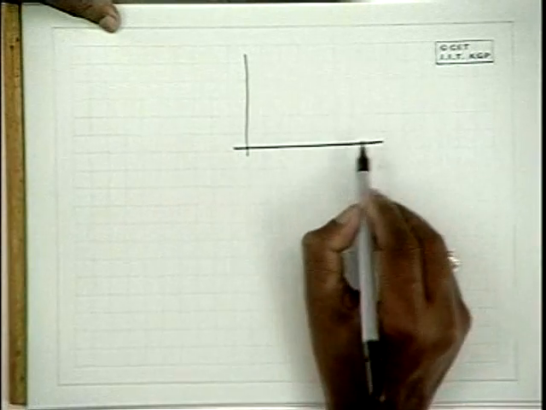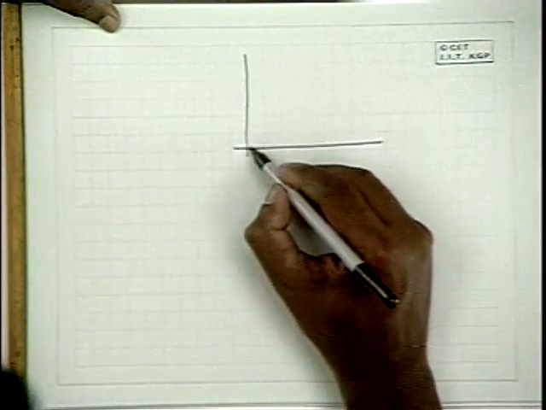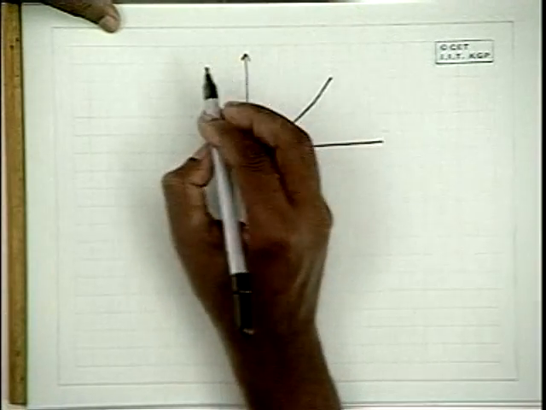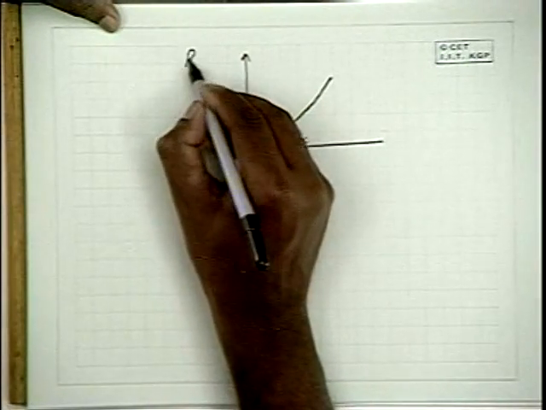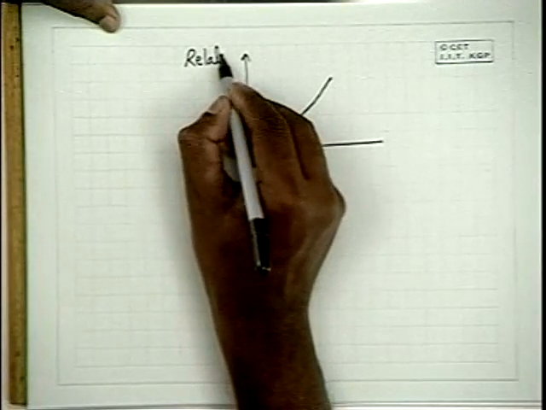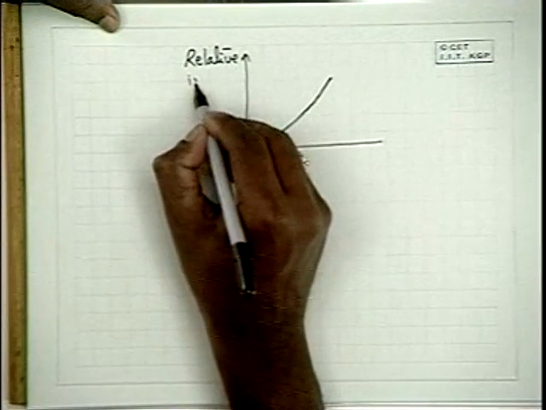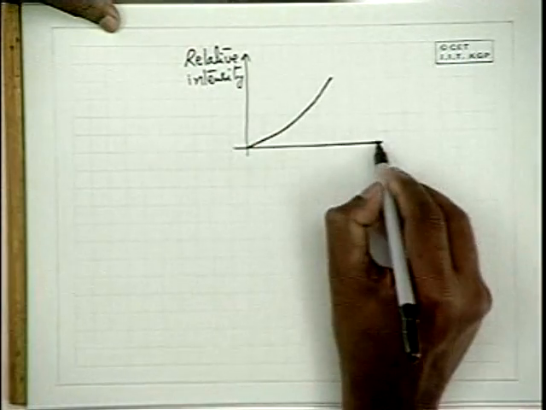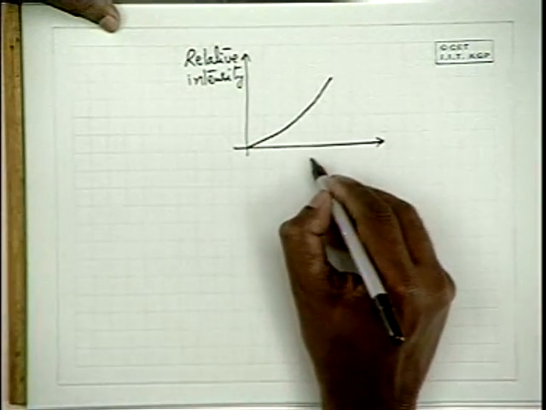And with current, the intensity of light that goes out varies like this. This is the relative intensity of light, and this is the forward current.